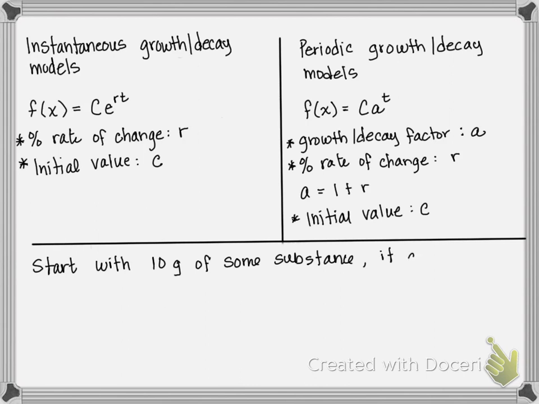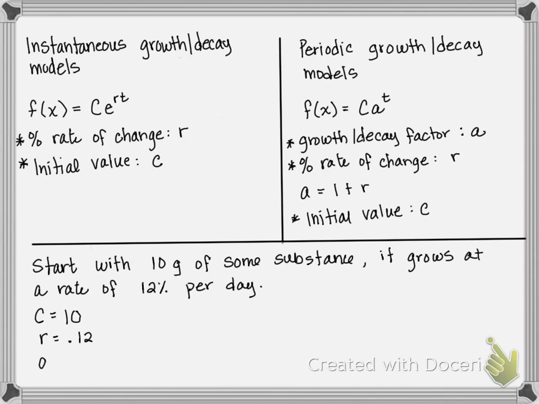And it grows at a rate of 12% per day. Then I can write two models. So I can use this information to write either an instantaneous growth or decay model or a periodic growth or decay model. And we say C is equal to 10. R would be a positive 0.12. And so A would be 1.12.